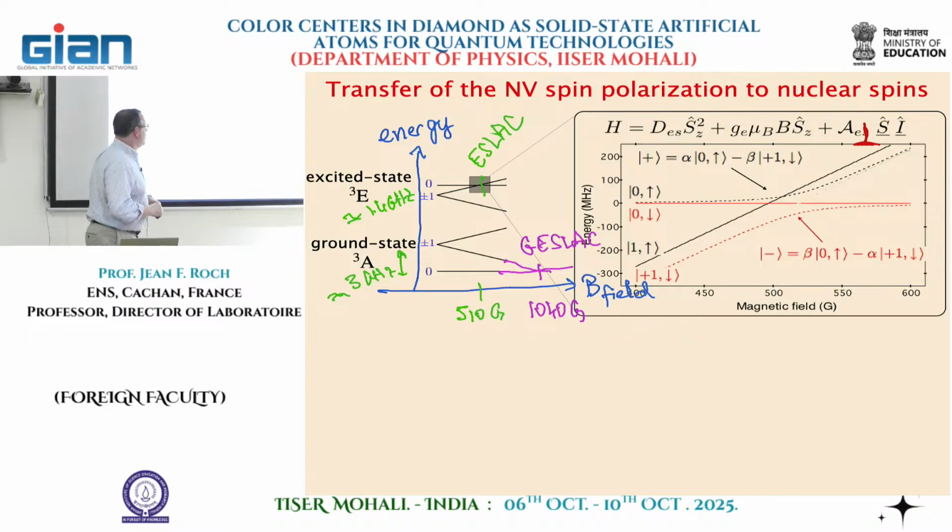Suppose we have a magnetic field far from the LAC. Basically, the systems are well separated in energy, and our good basis is m_s for the electronic spin and m_I for the nuclear spin. They don't mix. You agree with me?